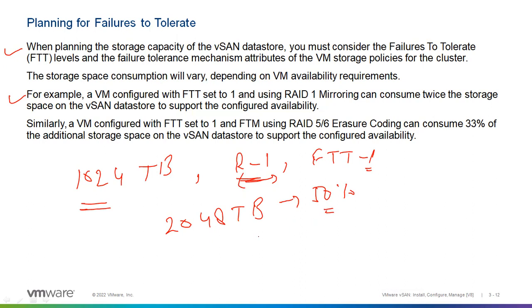Besides that, on top of it, you will factor in how much overhead. For example, I'm just assuming overall 15% overhead. So 15% of it, how much will it be? About 307, approximately I would say 300. Correct?